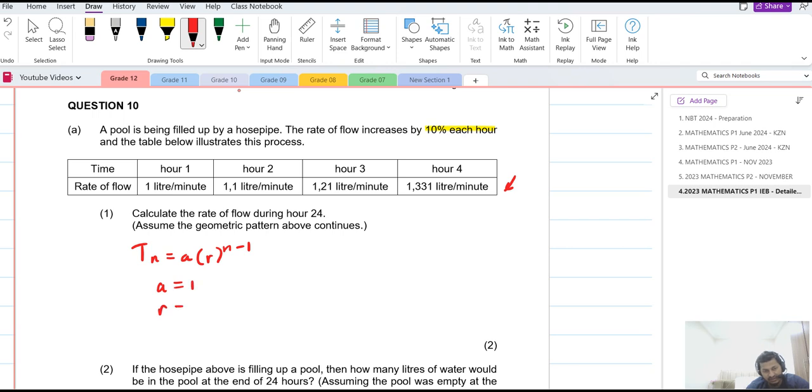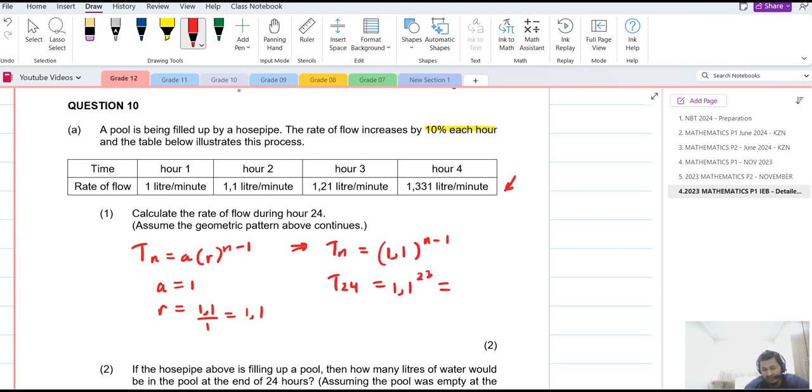And the common ratio is 1.1 divided by 1, so it's just 1.1. So this implies the Tn formula now becomes 1 times r, which is 1.1 to the power n minus 1. Because we want term 24, we can work out 1.1 to the power 23.